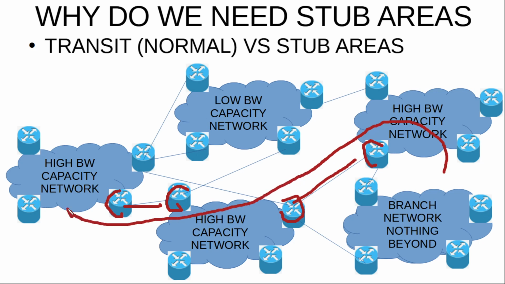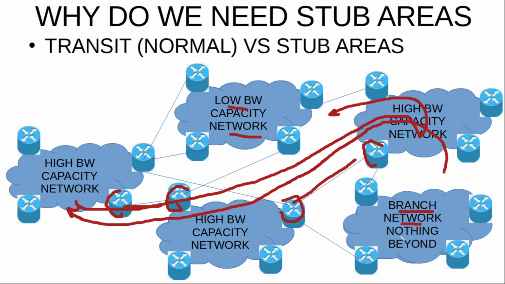You want to move traffic across your network most of the time using these high-end routers and high-capacity links, and you want to avoid moving traffic across low bandwidth capacity networks or remote branch networks.